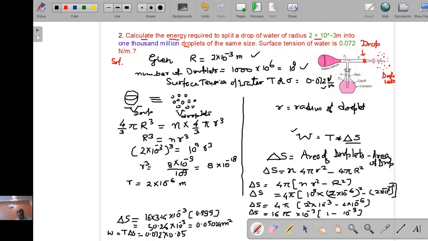Right? So we may calculate it again. 0.072 into 0.05.